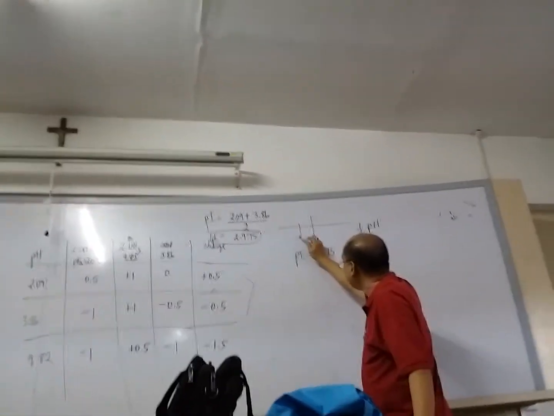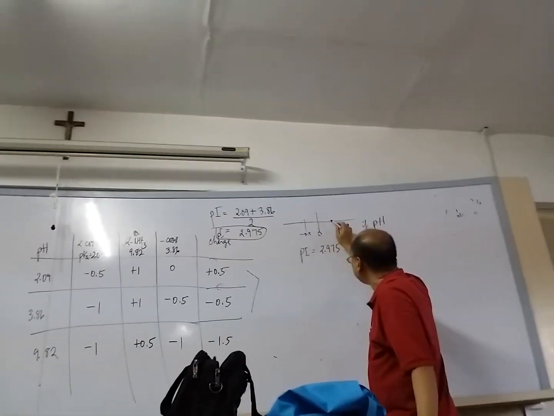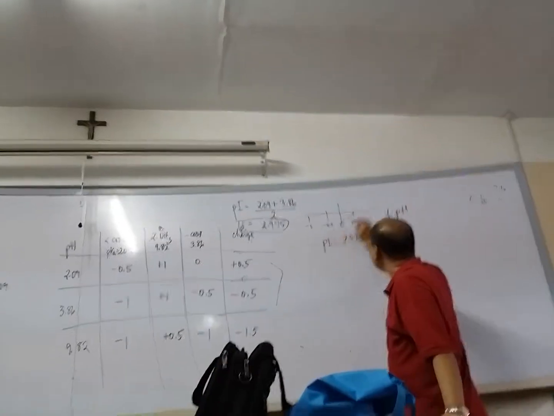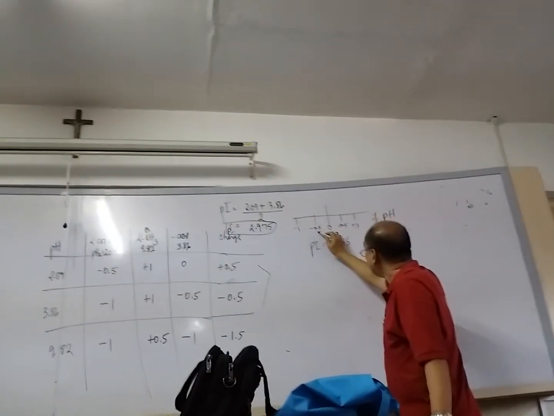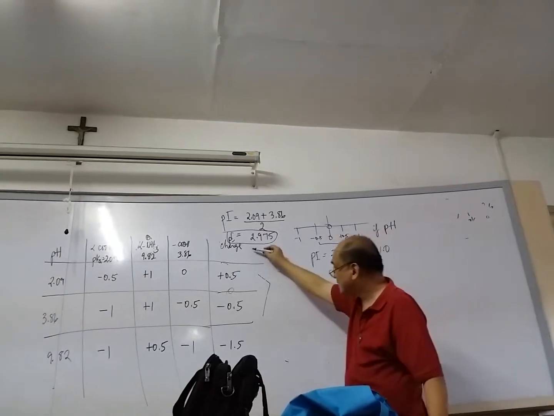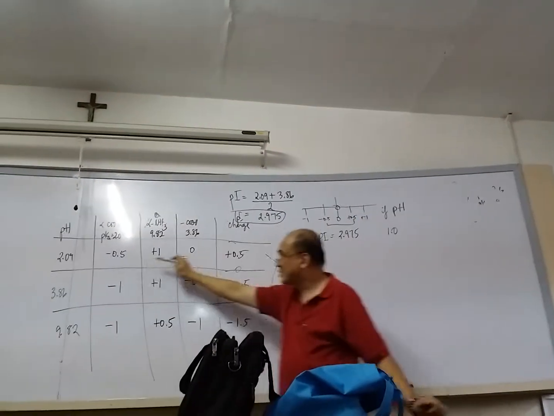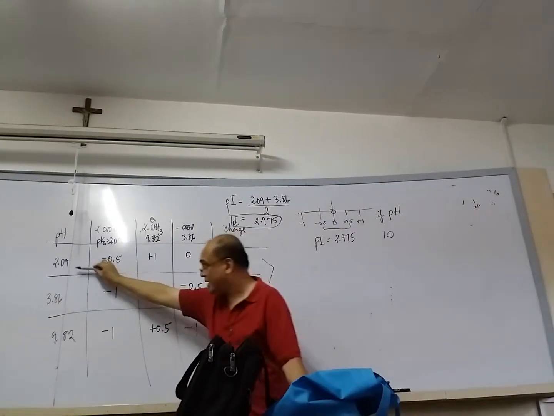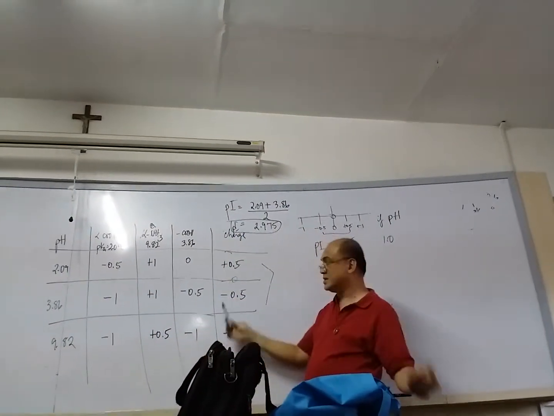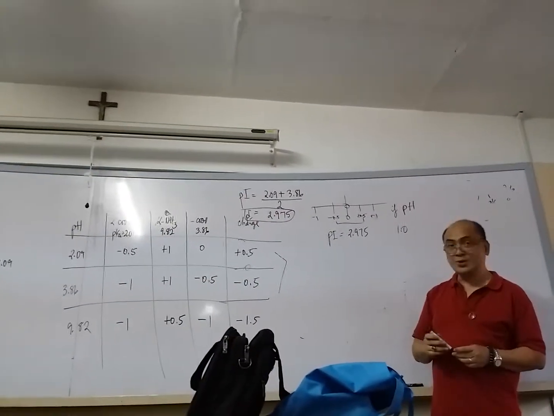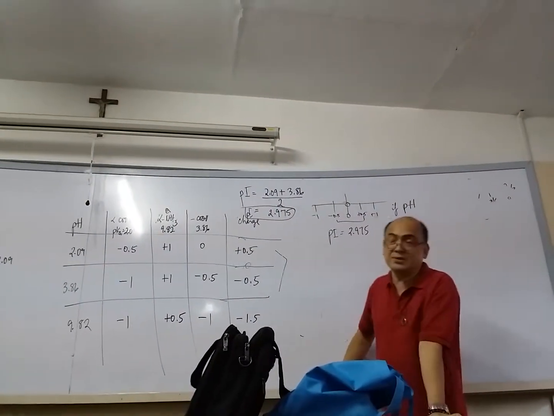This is minus 1, this is plus 1. So in the middle of these two, meron 0 doon. This corresponds to the charge, and this corresponds to the pH. So it means that in the middle of these two pH, meron 0 charge. So i-average mo yung dalawang pH para when you do that, you're going to get 0 charge.